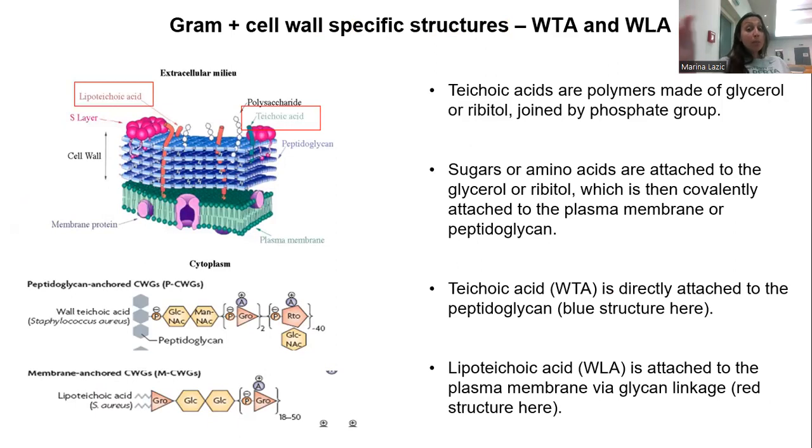Sugars or amino acids can be attached to those glycerols or ribitols, and all that structure is covalently attached either to the plasma membrane or to peptidoglycan. If it's directly attached to peptidoglycan, it is wall teichoic acid, WTA, but if it's attached to the plasma membrane, it's lipoteichoic acid.